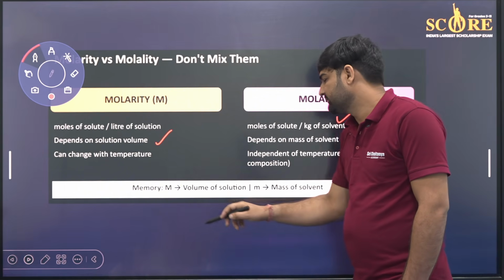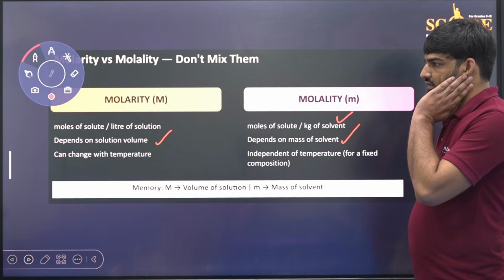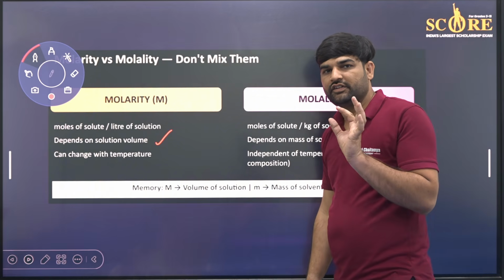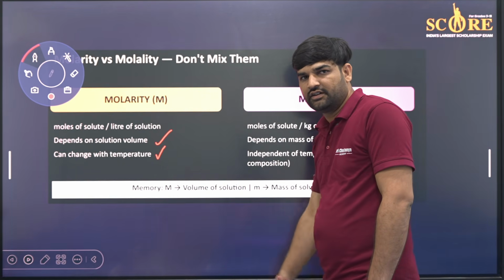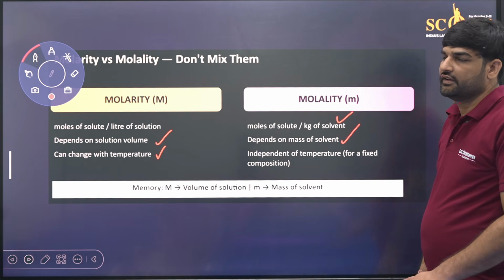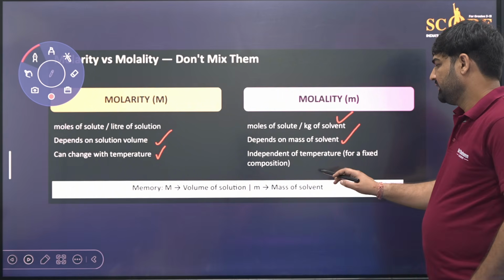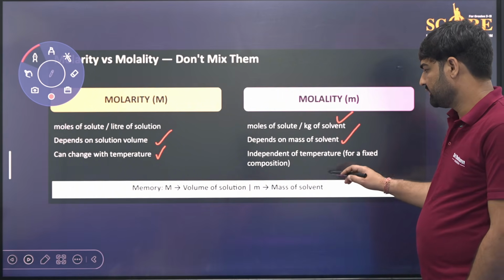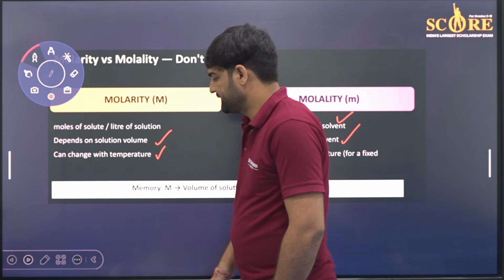One depends on volume, the other depends on mass. Concentration terms which involve volume depend on temperature, and concentration terms which do not involve volume are independent of temperature.